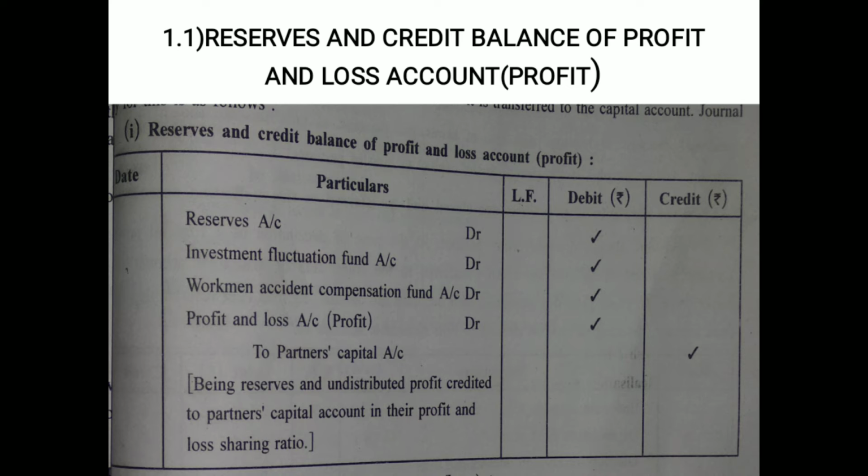So this way, all these items, which are reserves, investment fluctuation fund, workmen accident compensation fund, and the profit of the profit and loss account, are to be credited to partners' capital accounts. That means the balances of these accounts will be given to partners in their profit sharing ratio.